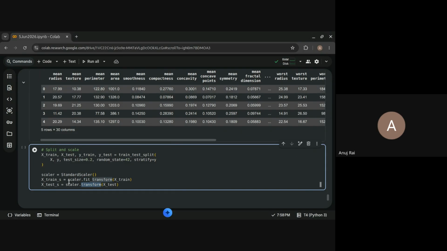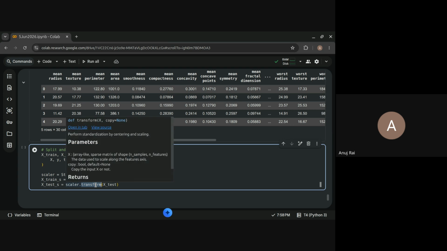And then, instead of fit, we call transform.